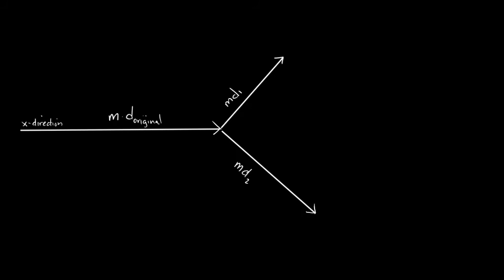Based on this drawing and the assumption that this then would be the y direction, before the collision, is there any momentum in the y direction? No. So you need to do two comparisons here. You need to compare the x momentum before and after the collision and the y momentum before and after the collision.